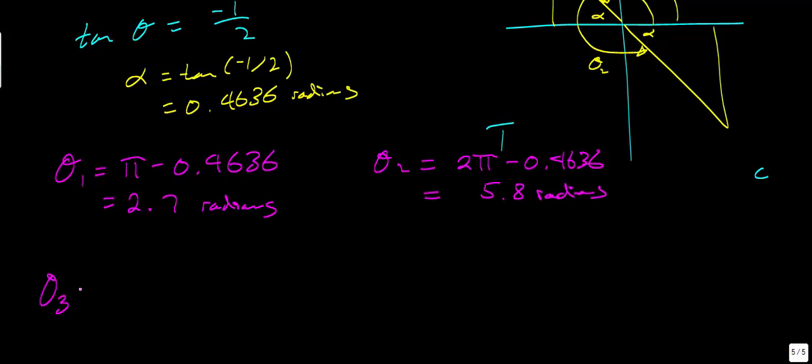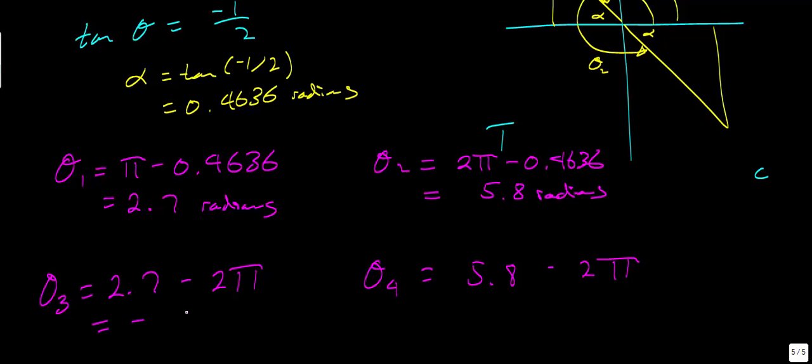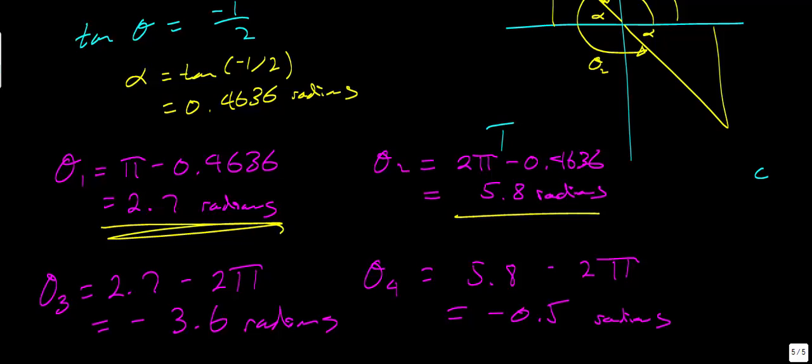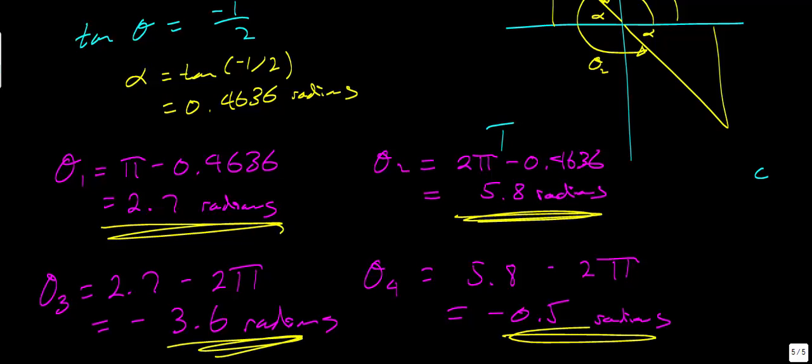Theta 3 is going to be equal to that answer minus 2 pi, and theta 4 is going to be 5.8 minus 2 pi. Your two answers are negative 3.6 radians and negative 0.5 radians. Underlined in yellow, 1, 2, 3, and 4, those are my 4 solutions for this question.